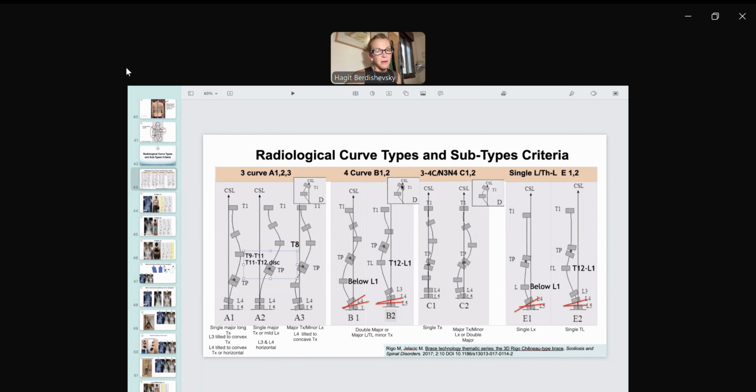There are going to be basically 4 curves here: upper thoracic, main thoracic, lumbar, and then the fractional lumbosacral curve. That's why it's named 4C, because there are 4 curves, even if they're not full, in the row of the spine.